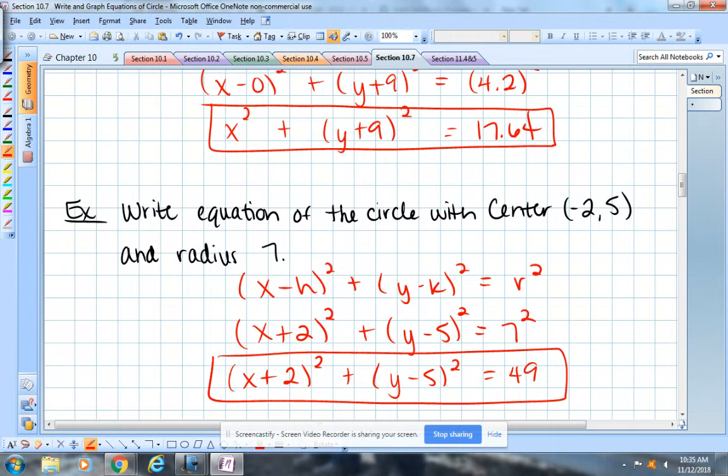So any questions on writing an equation of a circle? It's pretty easy. Change your x, change your y, put them in parentheses, square the radius. Okay.